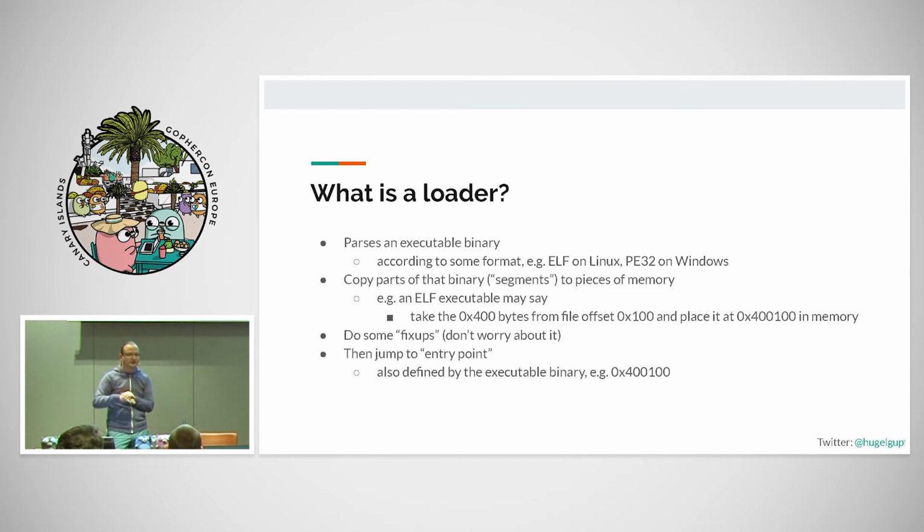It doesn't actually matter all that much. And when you're actually ready and everything's been copied into memory, you jump to an entry point. The binary also should tell you in some table somewhere, hey, this is my entry point. This is where you should jump to start the program. So for example, that could be 0x400,100 if you copied a bunch of code to that segment.